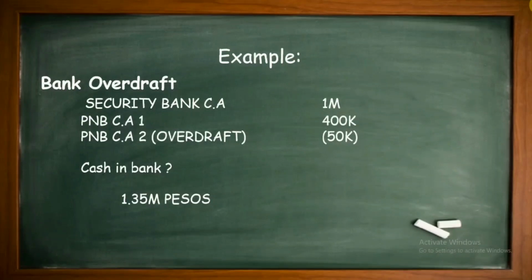Therefore, yung bank overdraft na 50,000 pesos ay i-offset natin sa same bank na PNB which is 400,000. Therefore, yung cash in bank na yun is 1 million plus 400,000 minus 50,000 is equal to 1.35 million pesos.